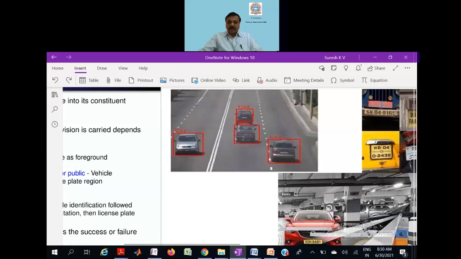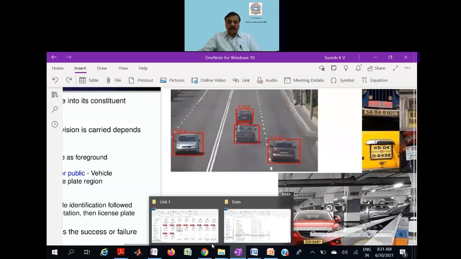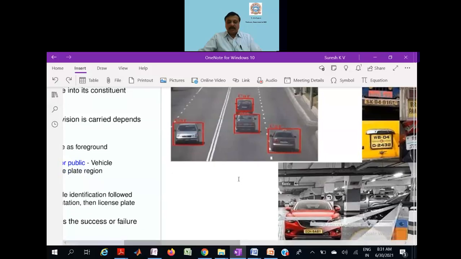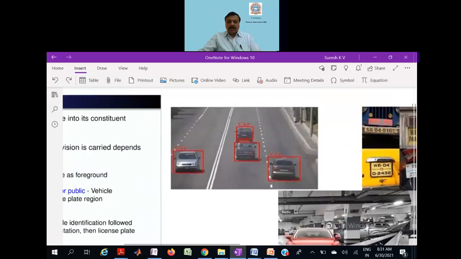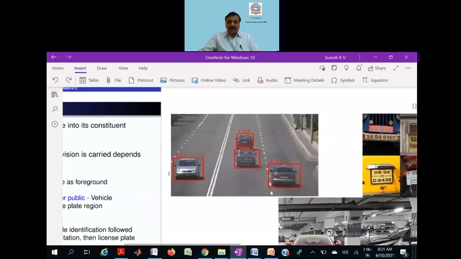So in what way could this be detected by using an algorithm, if I want to detect it? What is the procedure? Can anybody respond? How can I say this is a vehicle? How was this bounding box kept here? Anybody?